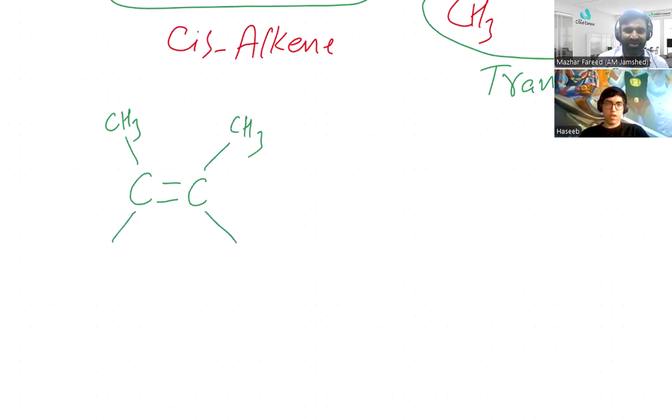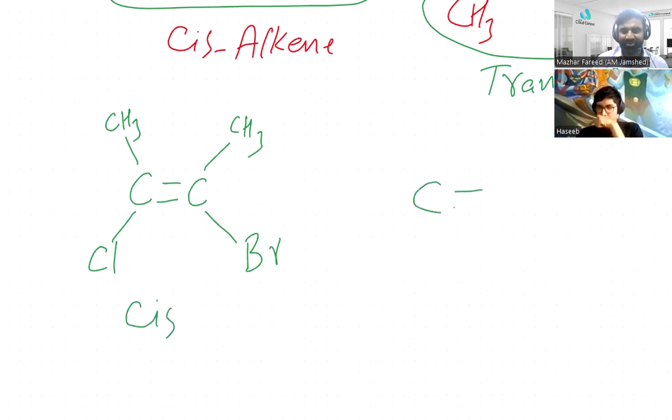So the halogen groups are present in the same space, and the carbon atoms are present in the same space, we can say it is cis. Then you can make it trans.